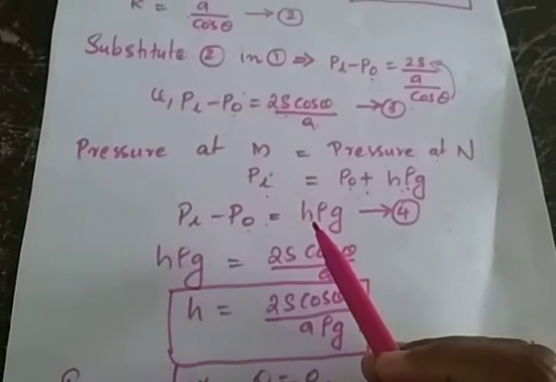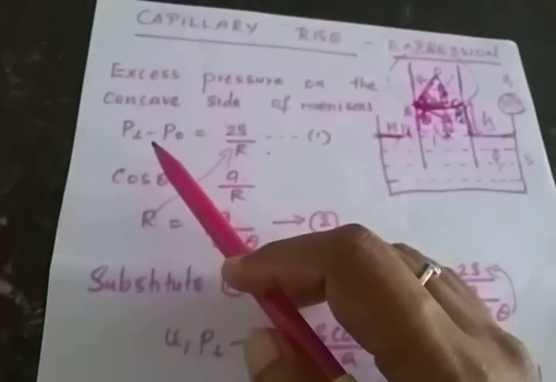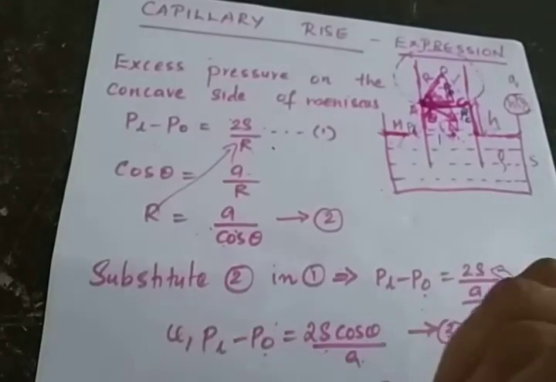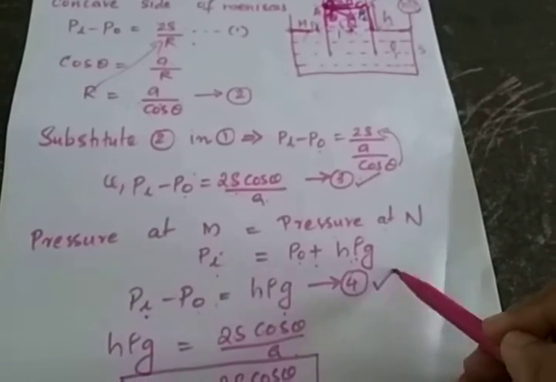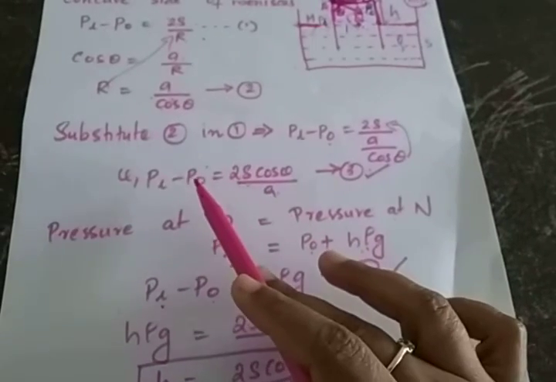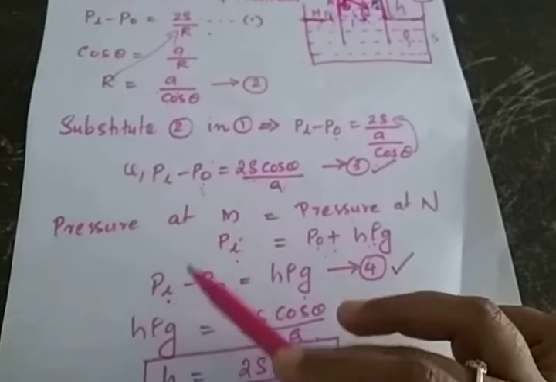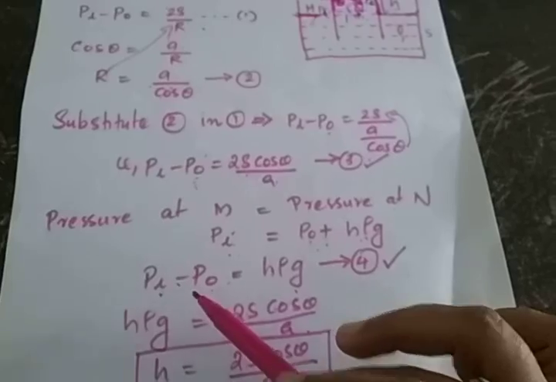Now consider equation 3 and equation 4. Sorry children, not equation 1, equation 3. The LHS of equation 3 is Pi minus Po, and the LHS of equation 4 is also Pi minus Po.